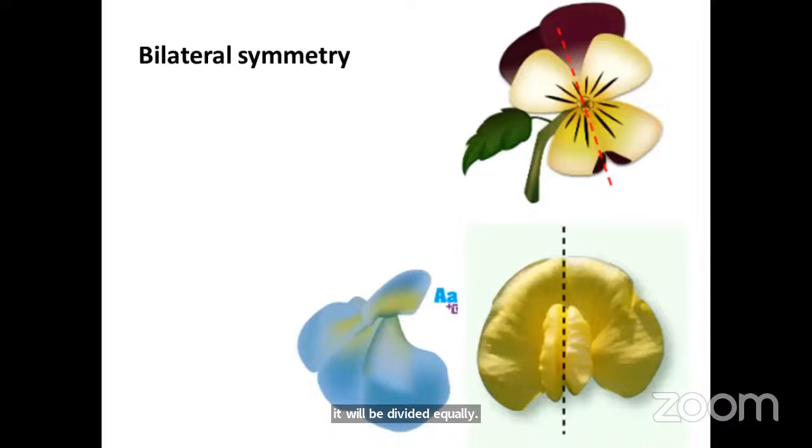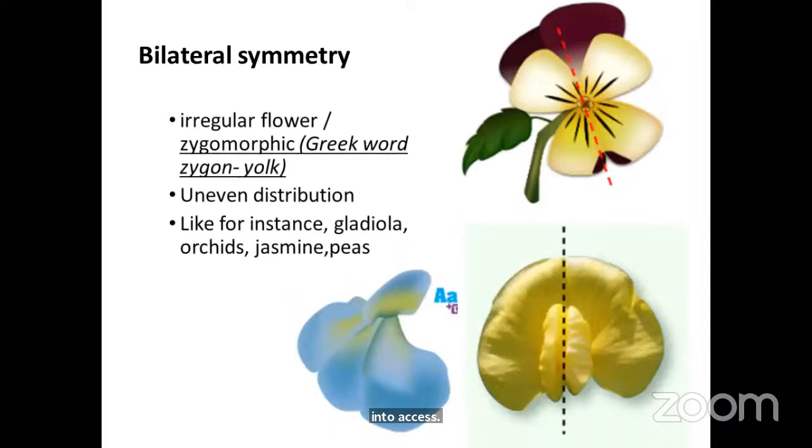Okay. Next, we have bilateral symmetry. Bilateral symmetry is classified as an irregular flower, and it is otherwise called zygomorphic.